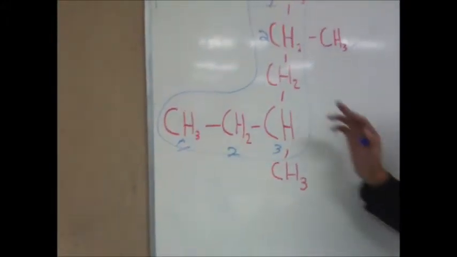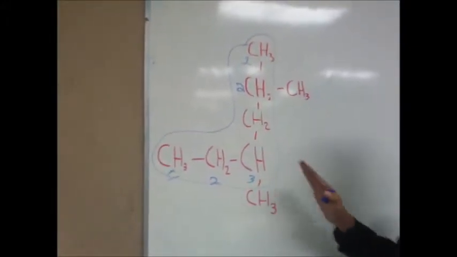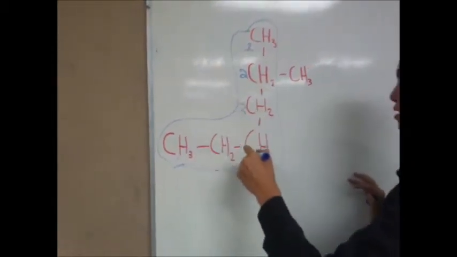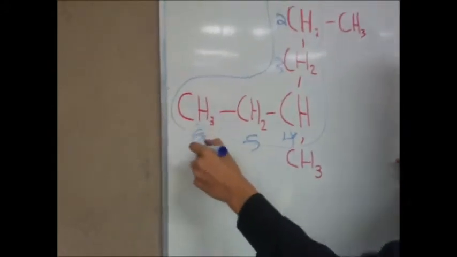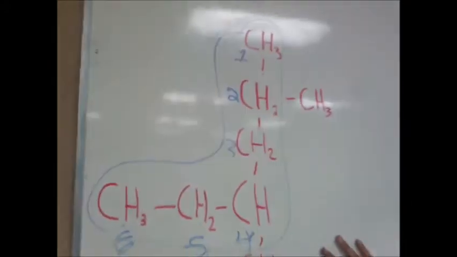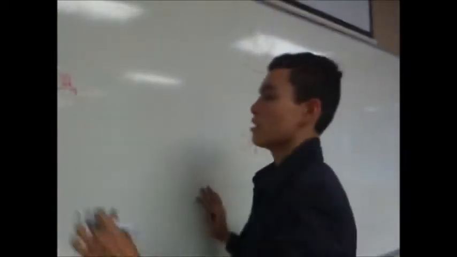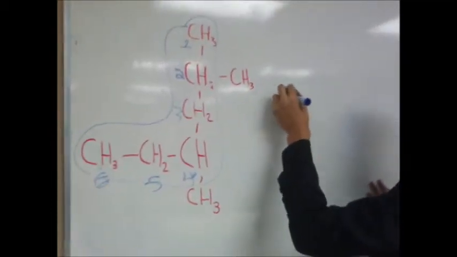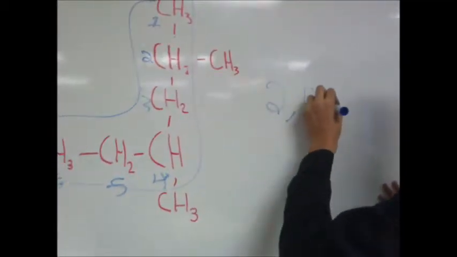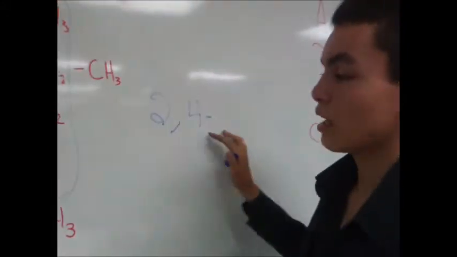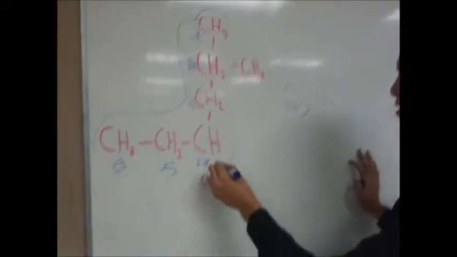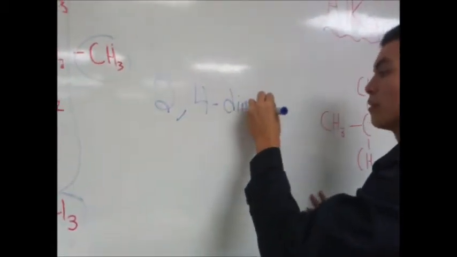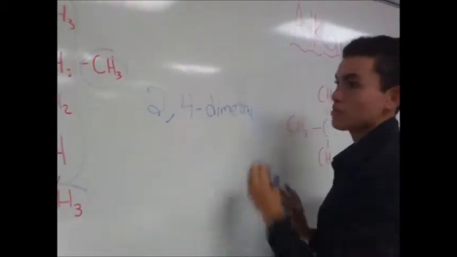This number is lower, so I will start from this end. So it's 1, 2, 3, 4, 5, and 6. Now you have to name it. For example, there is a methyl on carbon number 2 and another on carbon number 4. So you put 2,4 and a dash. But since you have 2 identical methyls, you put the prefix dimethyl. And since there are 6 carbon atoms, you put hexane.